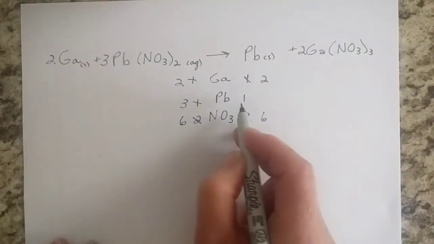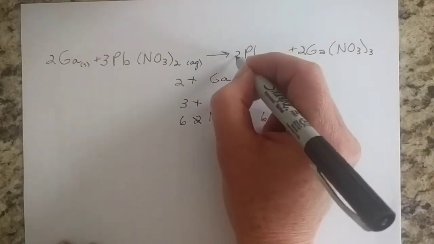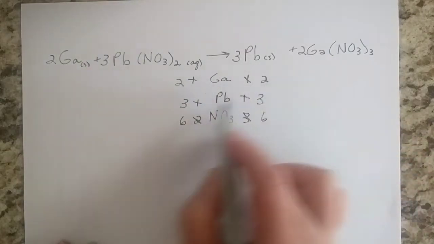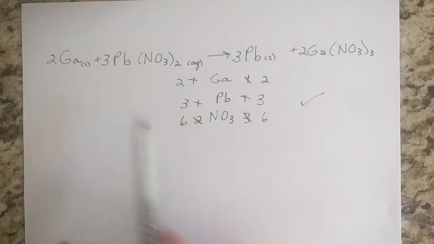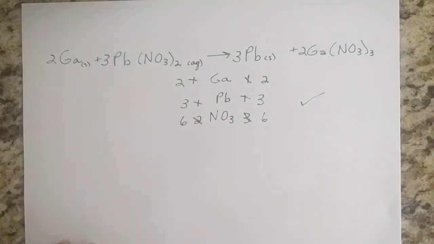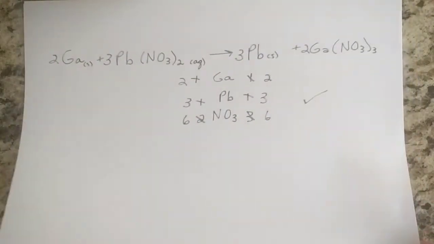So that's good. And now lead, we need 3 over here. Put in a coefficient of 3. Update our count. Do our check. 2, 3, 6. We're balanced. Check our coefficients. 2 to 3 to 3 to 2 is lowest whole number ratio. So that is a good balanced chemical equation.